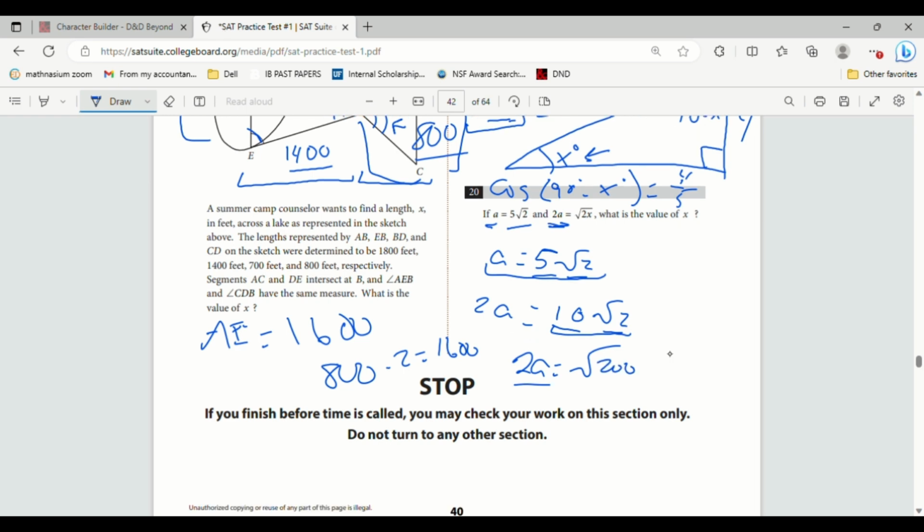We know that 2a equals 2a, so the square root of 2x equals the square root of 200. Since square root equals square root, we set equal what's inside the radicals: 2x equals 200. Divide by 2, x equals 100.